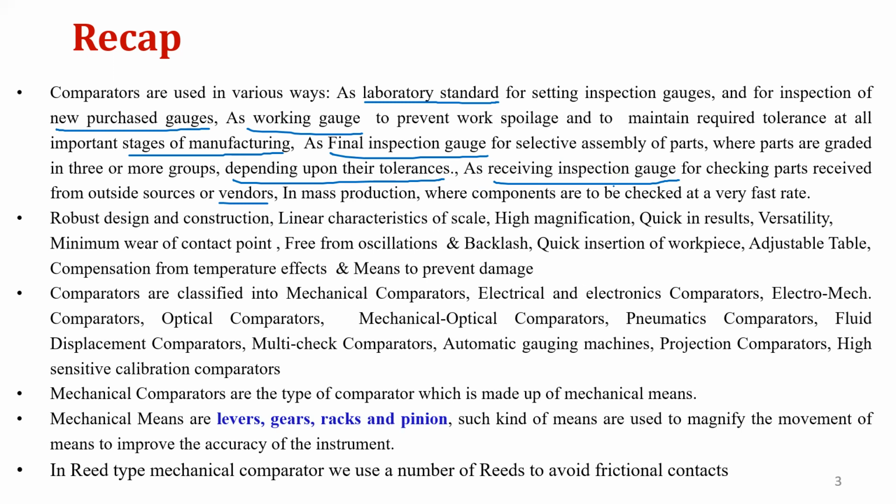We can also use comparators in mass production, where a large volume of components is produced in the manufacturing process, so we need to check all the components for a number of dimensions at a time at a very fast rate. For this purpose we use the comparators.